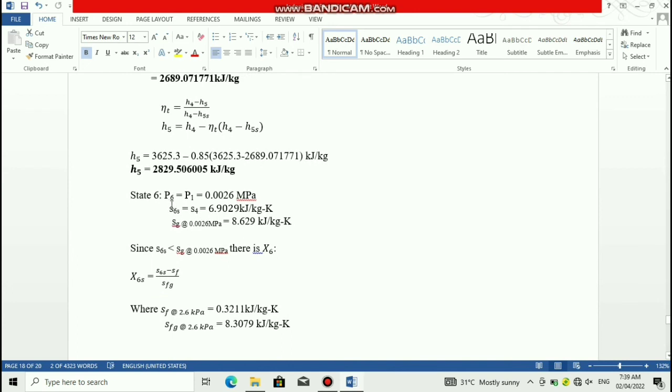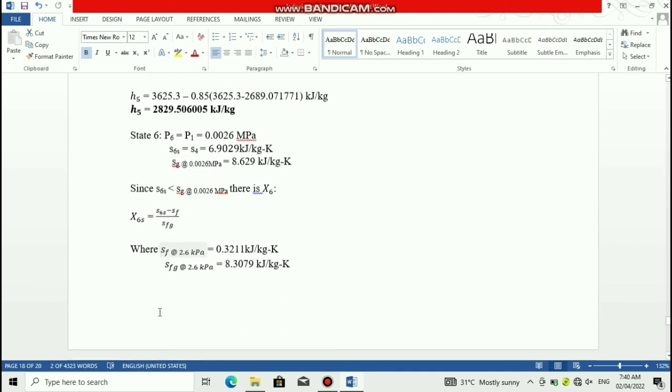At state 6, pressure equals the pressure of state 1, 2.6 kilopascal, or 0.0026 megapascal. Then S6 equals S4 equals 6.9029 kilojoules per kilogram K. And since SG at 0.0026 megapascal equals 8.629 kilojoules per kilogram K, and S6 is lesser than SG, it is a mixture.